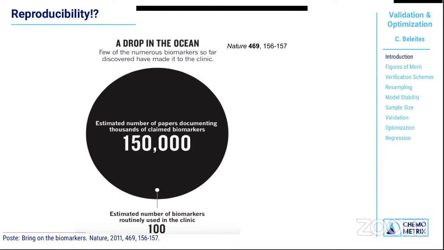And exactly that is what validation is supposed to catch. Verification and validation are about making sure that your model will actually perform with a sensible accuracy.